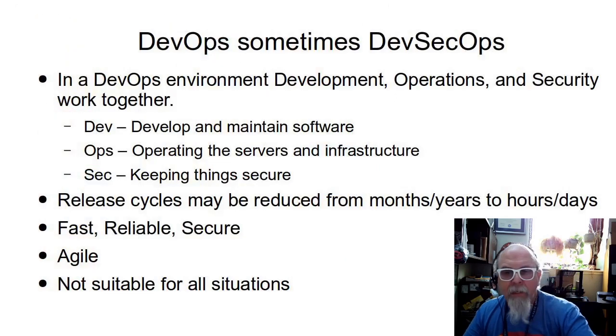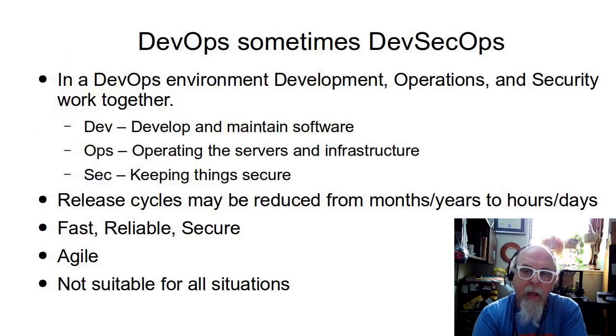There is an interesting, not really methodology, but a way to manage IT and information systems, often known as DevOps or DevSecOps. In DevOps, development, operations, and security often all work together.